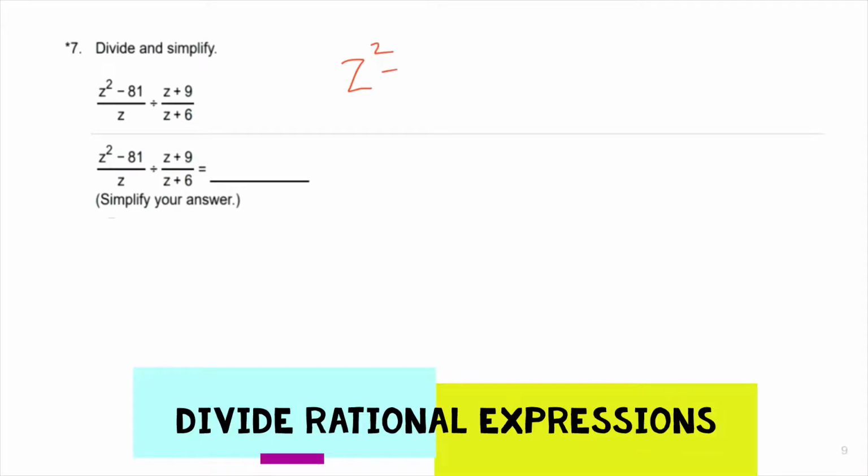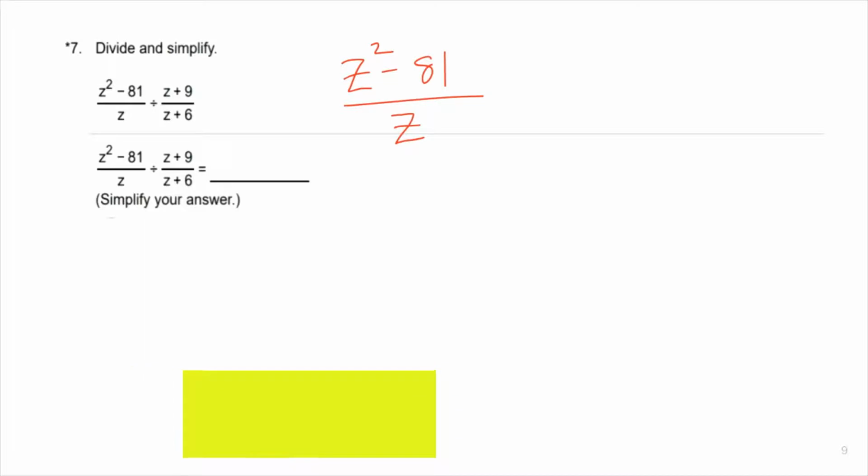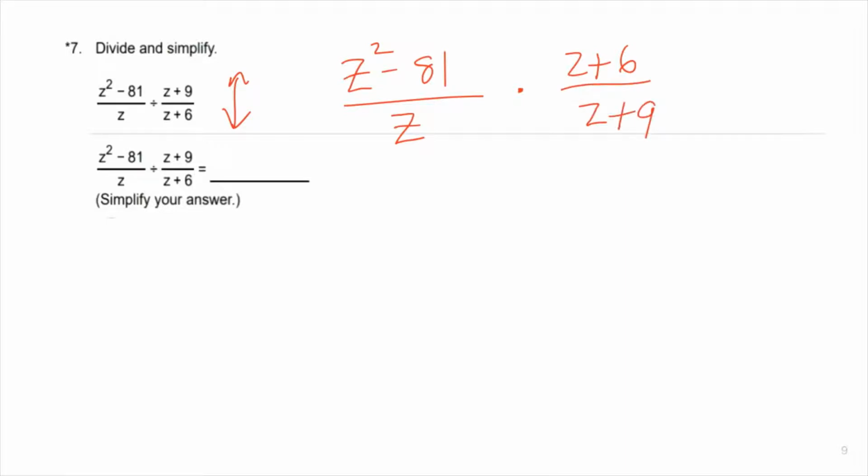Keep the first fraction the same. Put the line there so I know that's a division. And then I have to flip the second one. So the second fraction, you have to flip it. And then we change division to multiplication. And now at this point, I need to factor all numerators and denominators if possible.